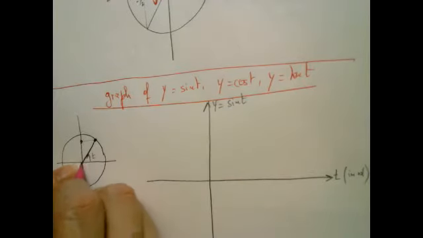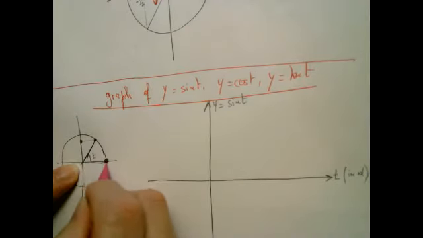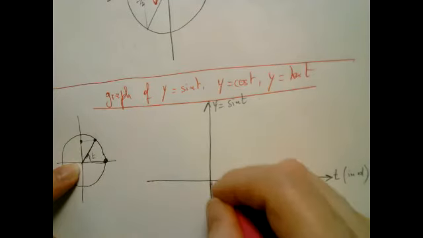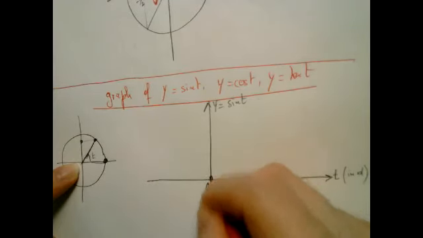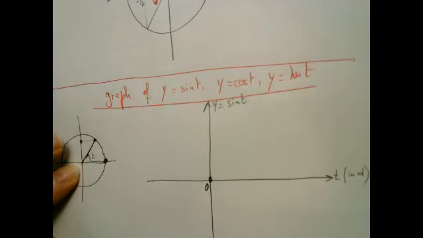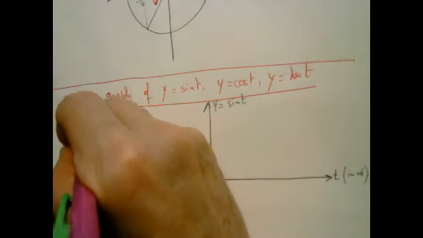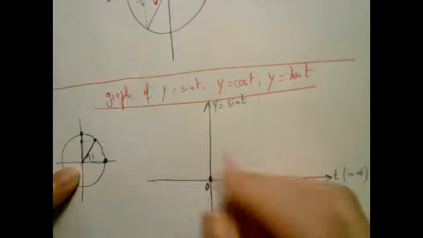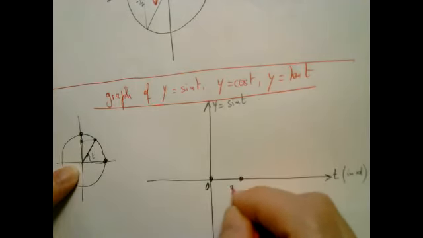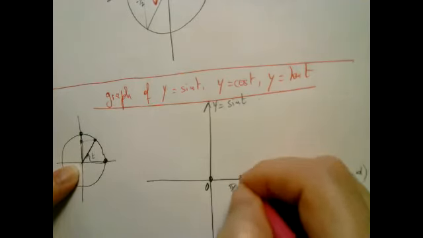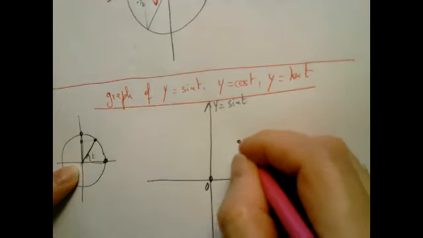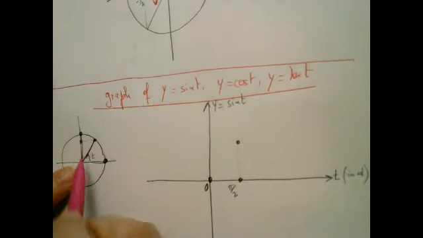And let us graph this. At 0, the sine of 0 is 0, so we start right there. Then at pi over 2, those are the ones we know, my sine is 1. And what's happening in between?